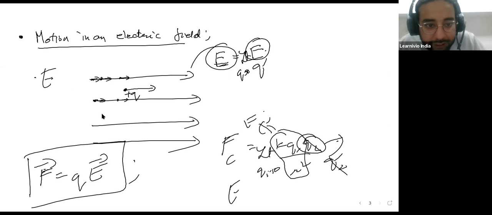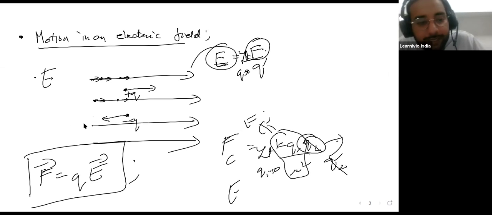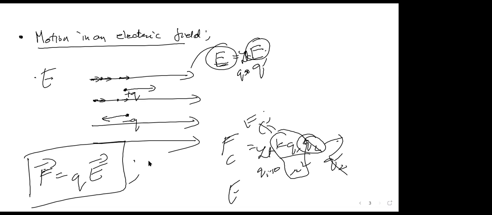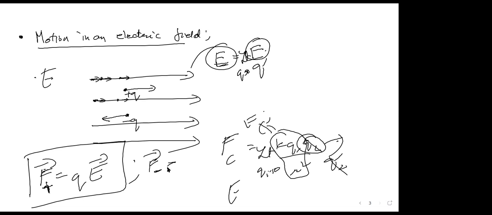And for a negative charge, you have the same amount of force, but in the opposite direction. So the force on the plus q charge is q times E, and the force on the minus charge is essentially q times the E vector, but with a minus sign, which is telling us it is in the opposite direction.